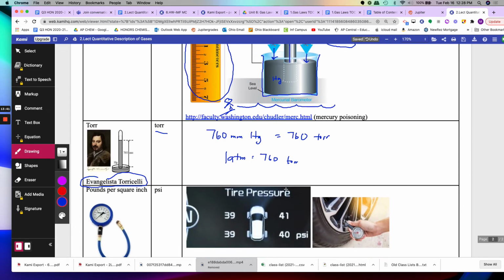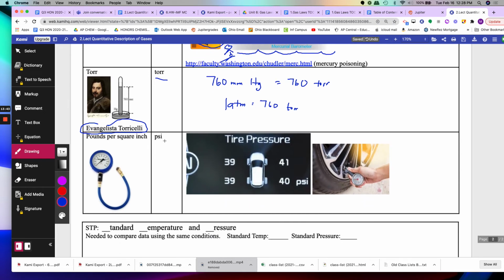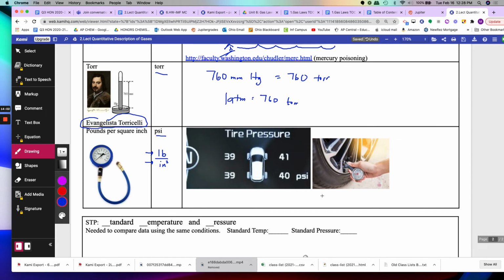Okay. Another unit of pressure that you might be more familiar with is the PSI. It stands for pounds per square inch. Okay, and that is the force per unit area. Okay, your tire pressure is about 40 PSI, and you can measure it with a tire gauge.